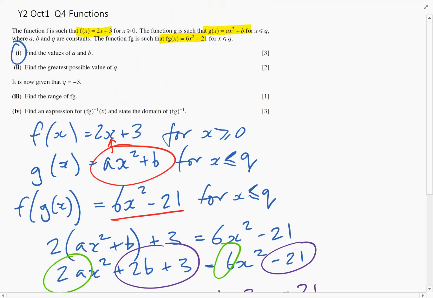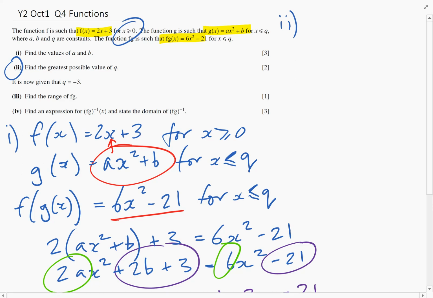Looking at part 2 now, you've got to find the greatest possible value of q. Well, if we take a look at f(x), it's only defined when x is greater than or equal to 0.